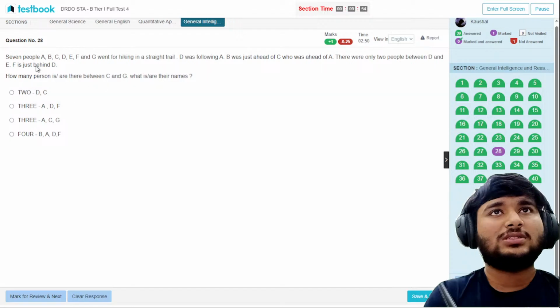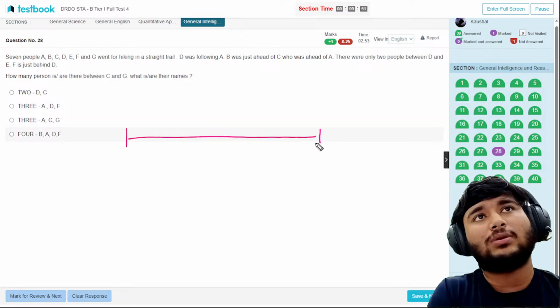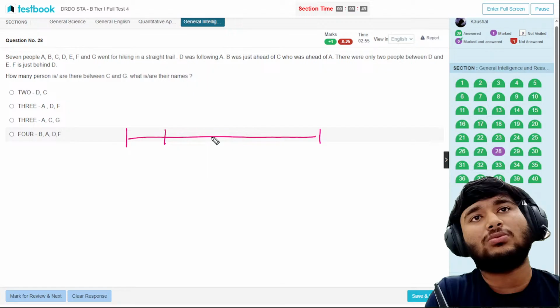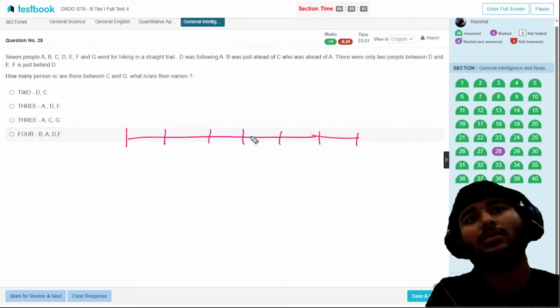7 persons ABCDEFG went for hiking. 6 people, 7 people, 2 3 4 5 6, that makes 7, okay.